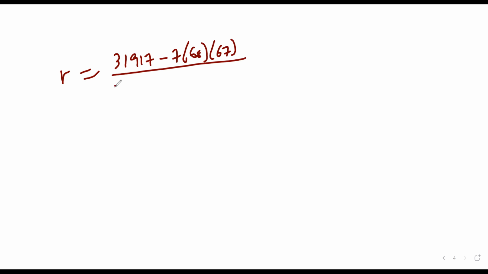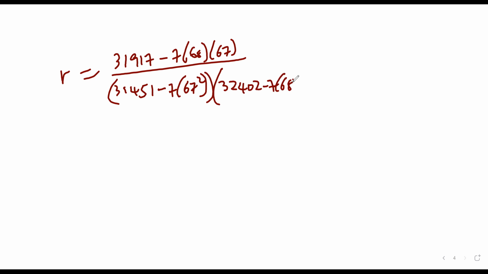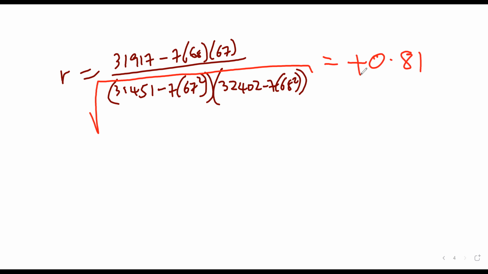Divide this by 1451 minus 7 times 67 squared. Multiply this by 32402 minus 7 times 68 squared, like that. And then you take square root. So when you simplify that, you'll get the answer is 0.81 rounded off to 2 decimal places.